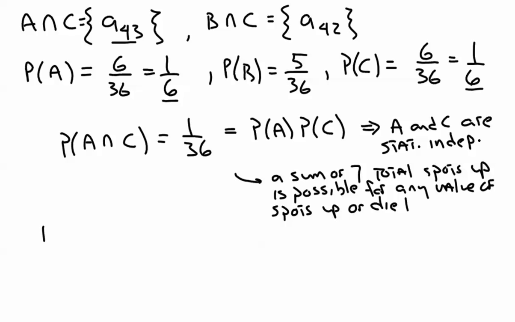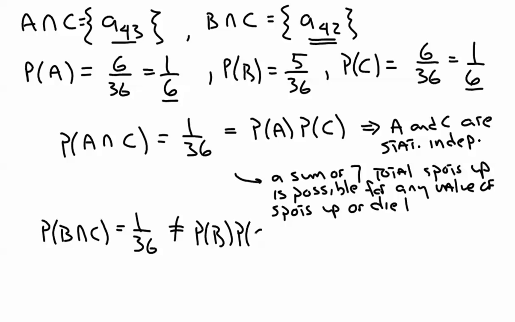However, the probability of B intersect C equals 1/36. Once again, there's only one outcome in event B intersect C. But this is not equal to the probability of B times the probability of C. 5/36 times 1/6 is not equal to 1/36.